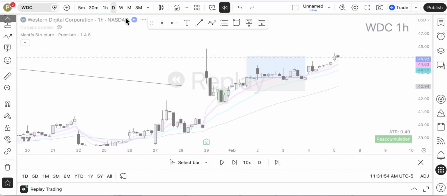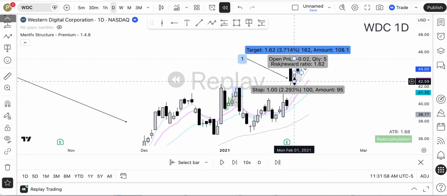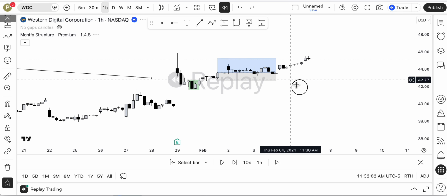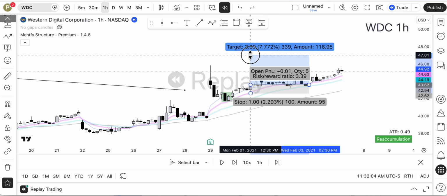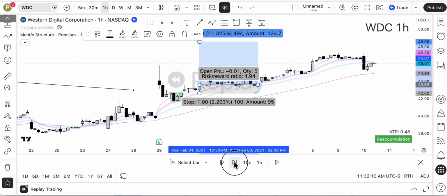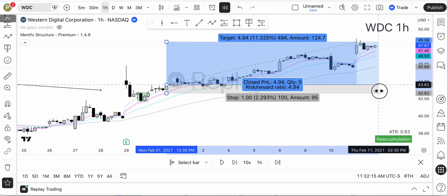I like that it played around a little bit because that means that it likely caught up a little bit more to the MAs. Great.